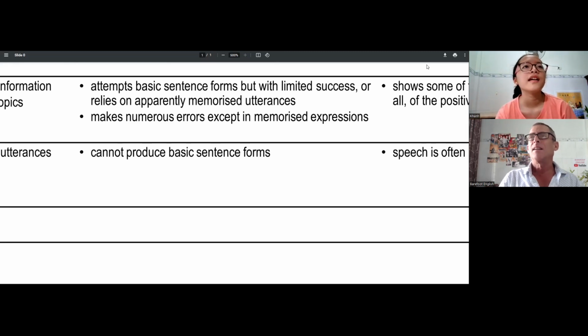And they use the grammar, the forms are wrong. Yeah, incorrect in lots of ways. Good. So, correct. They're not using basic sentence forms.